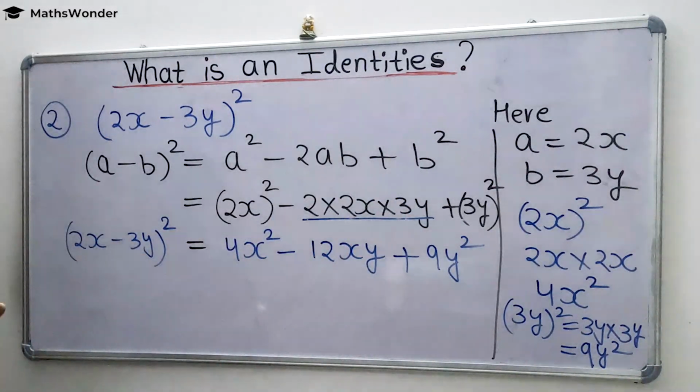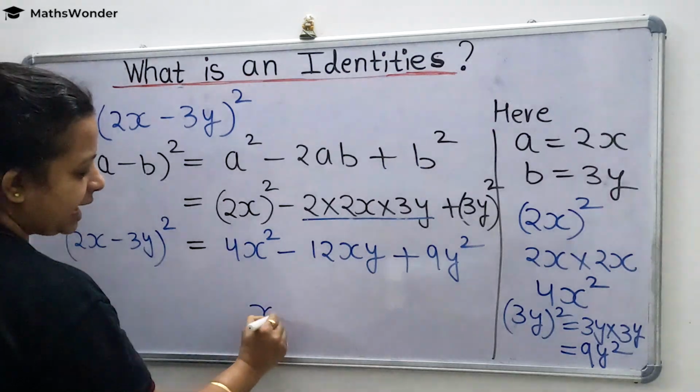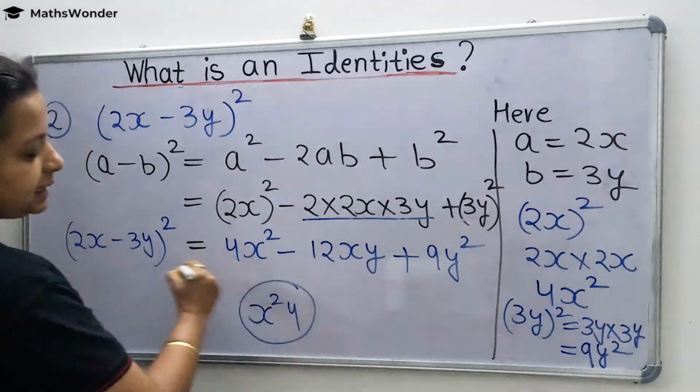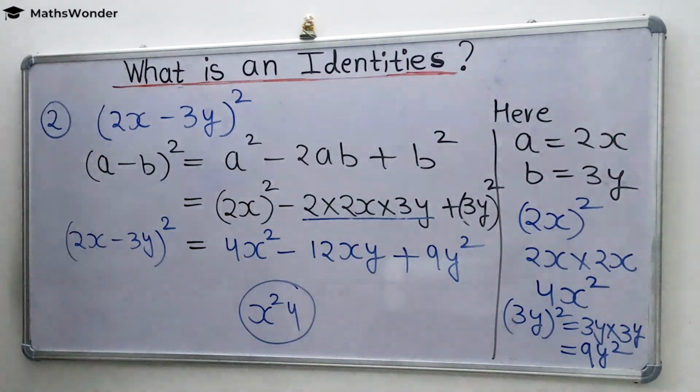So always remember, first you will multiply all the numeric values, then the variables. Don't confuse it, don't mix it, and never write the variable first. I have seen many students write 4x square in this way, x square 4. No, this is wrong.